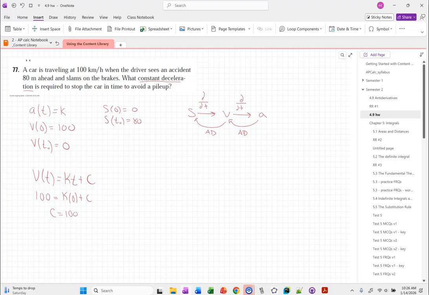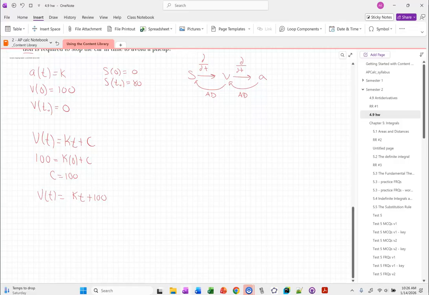So I can say V of T is equal to KT plus 100. And then if I step back to position, S of T is going to equal KT squared over 2 plus 100T plus some other constant.